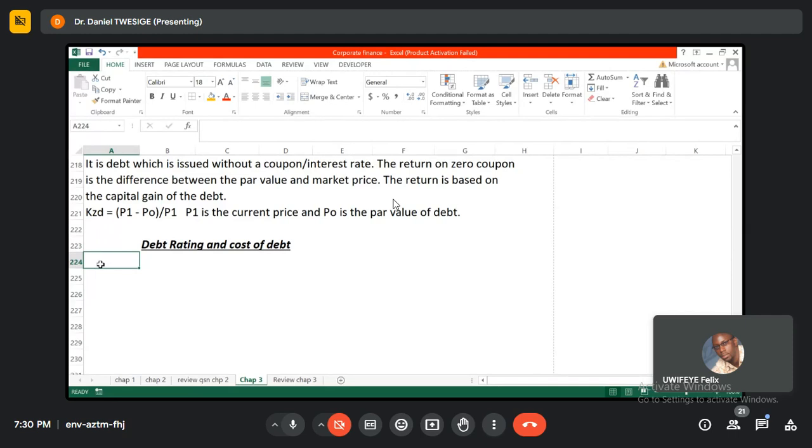So we have got different companies, but the common ones are S&P, Moody's, and Fitch, which deal in debt rating. Each of these has a different method of rating the debt.